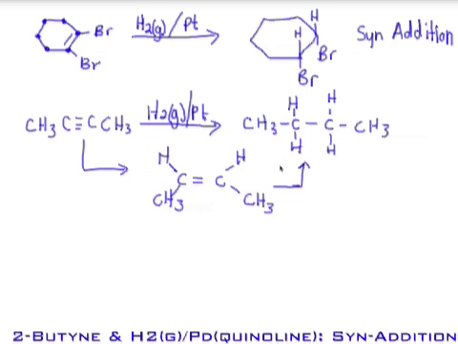Now I have a description here of a catalyst. Oh, there it is. That will allow us to actually take the alkyne and stop at the alkene. The trick is to poison the metal catalyst.